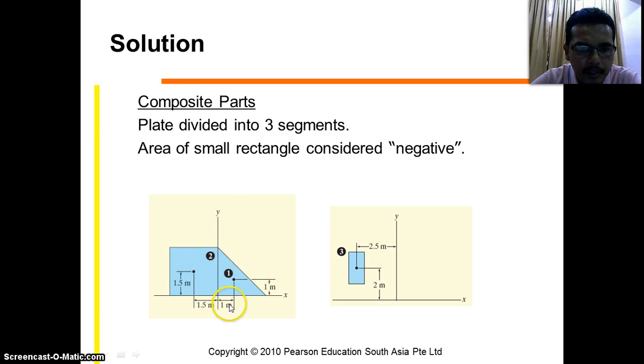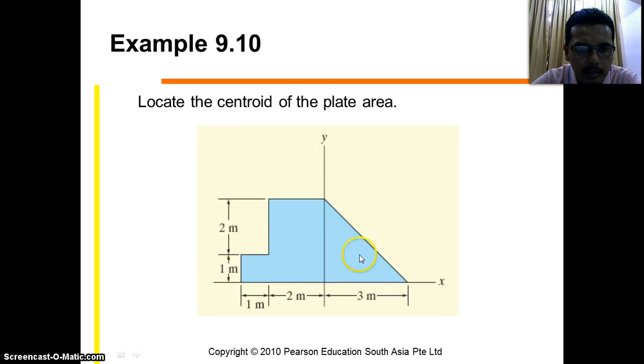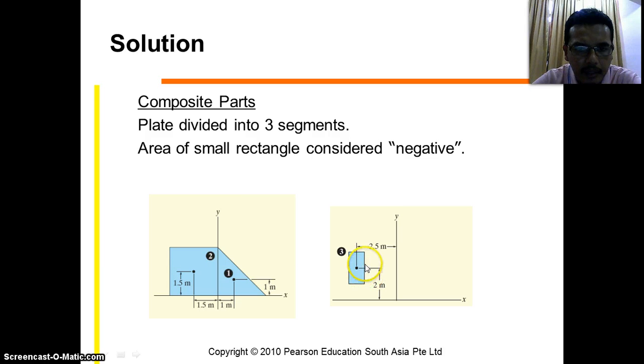The first one is a triangle, the second one is a square, and the small rectangle here is considered negative. Because we consider the full area, but we need to minus this area, so this one is negative.